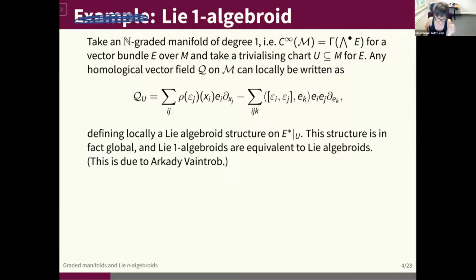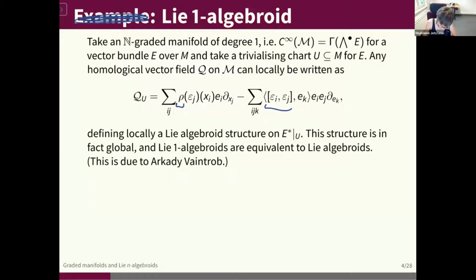In any case, you identify your 1-manifold with a vector bundle, and then you can write your homological vector field in local coordinates. It's not important now to understand that equation in detail, but when you work in local coordinates, you will be able to identify an anchor and a bracket on sections of E star, which will define a Lie algebroid structure, because Q squared is 0. That will be the Jacobi identity.